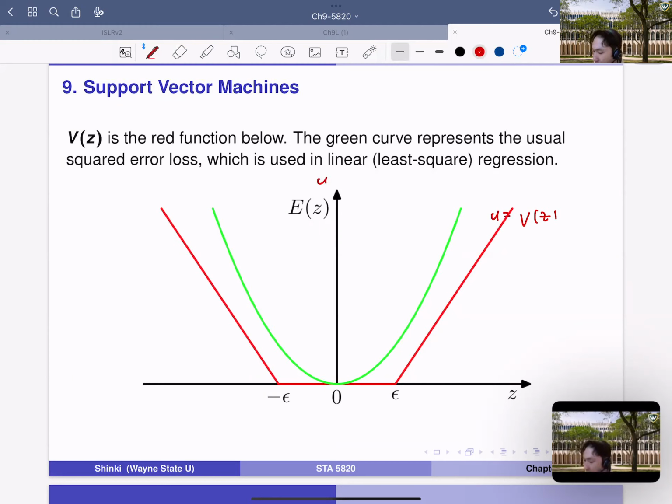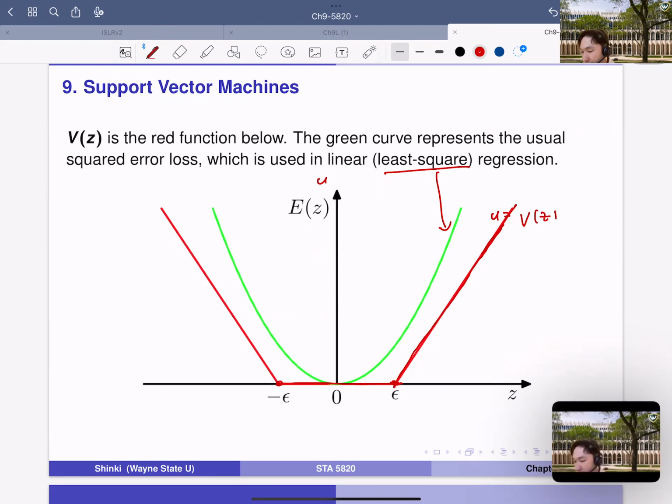So basically, we don't penalize error if the error is within negative epsilon to epsilon. But it will penalize if it's larger than this, but only with a linear penalty. In usual least squares, if the error is larger, the penalty is much larger, namely epsilon squared.